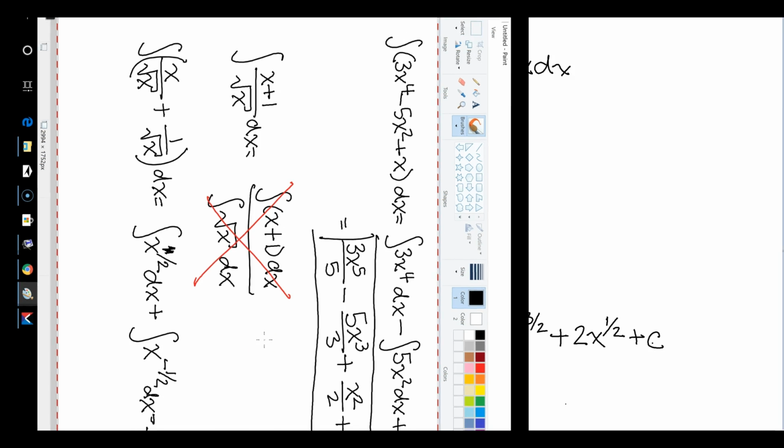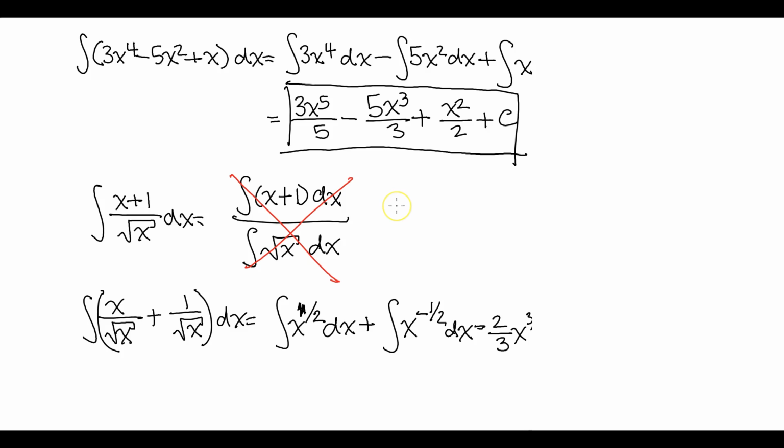You can actually factor out x to the 1/2 and you get 2/3 square root of x. You want to rewrite in the form that was given to you, so no fractional exponents if it didn't give you fractional exponents.